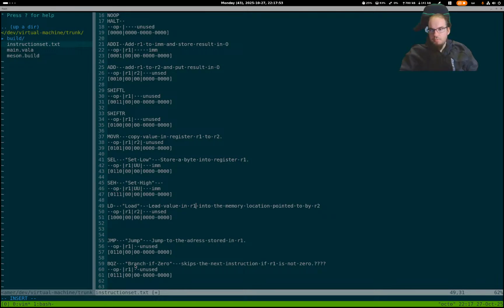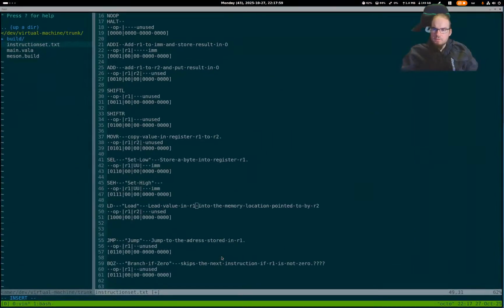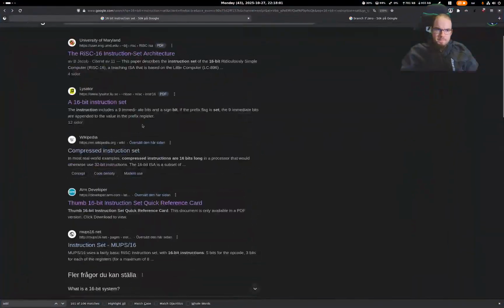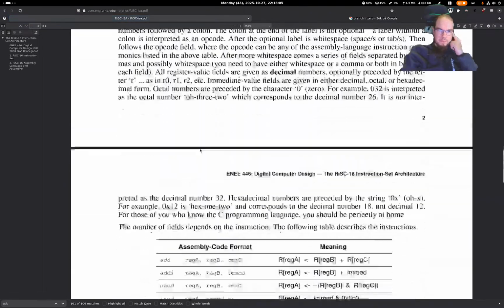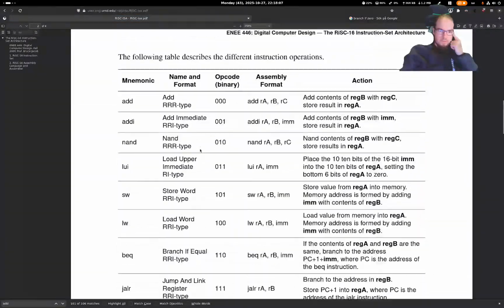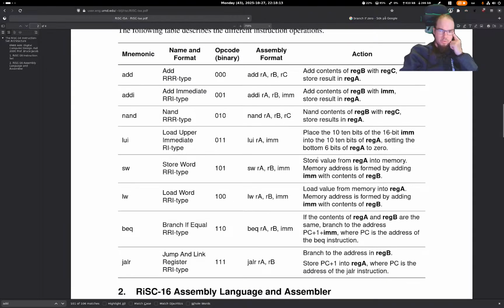What's it called? Load and... So what is the opposite of loading? We have load upper immediate, load word, store the value of register. Okay, store and load. Load is the one that I'm thinking about, right? Load from memory into register.